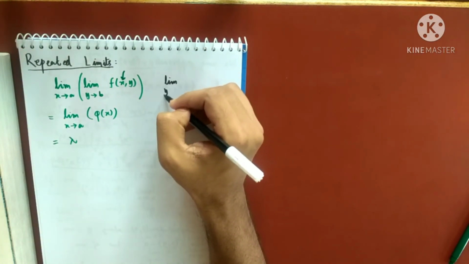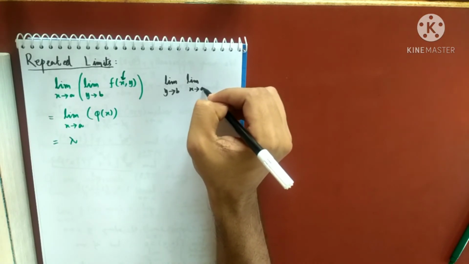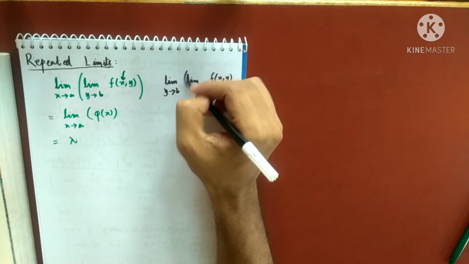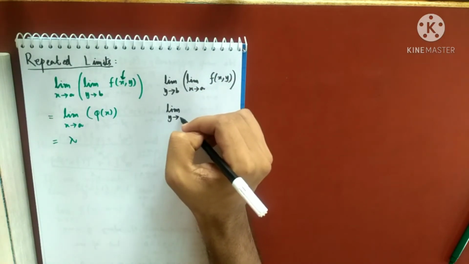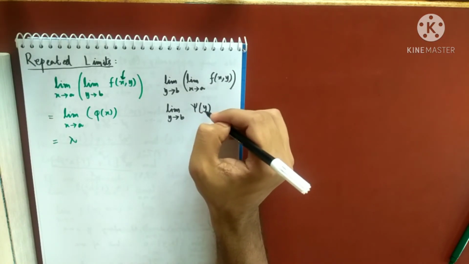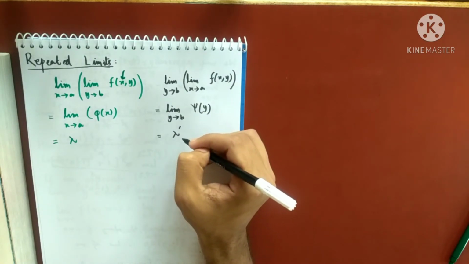But you might argue, sir, we can also find limit y tends to b, limit x tends to a, f of x comma y. This time I'll find the inner limit first and get something in terms of, suppose, psi y, and what I'll get next is, suppose, lambda dash.